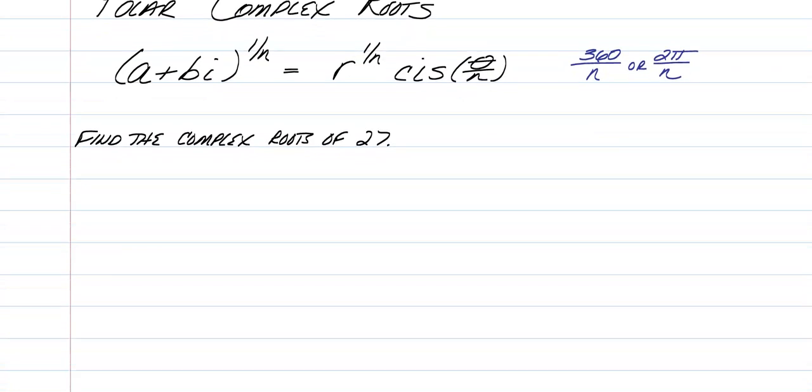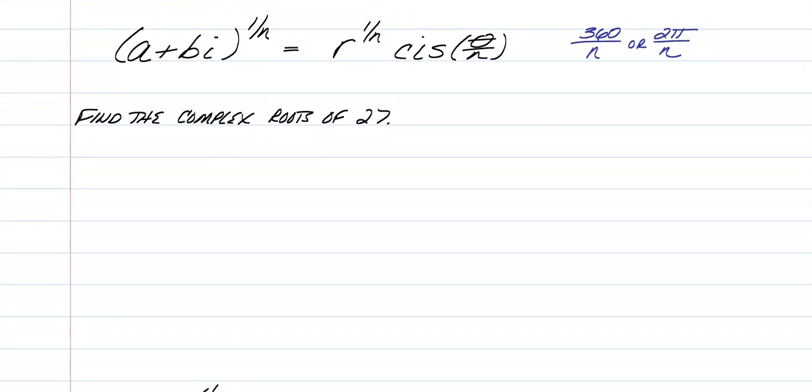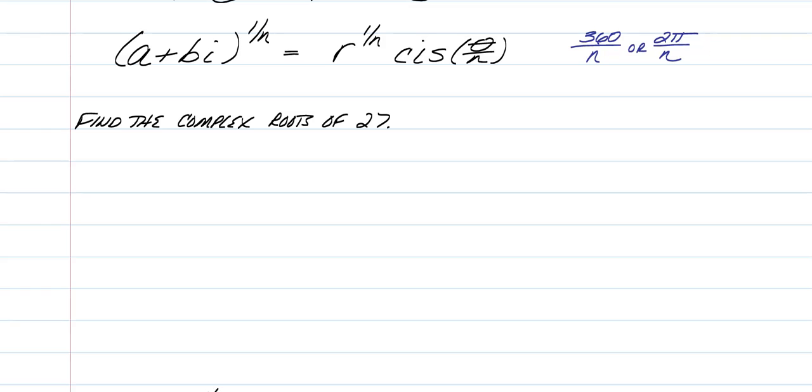So what we need to do here is find all the complex roots of 27. The first thing to think about is where 27 is in terms of polar. That would be 27 plus 0i.